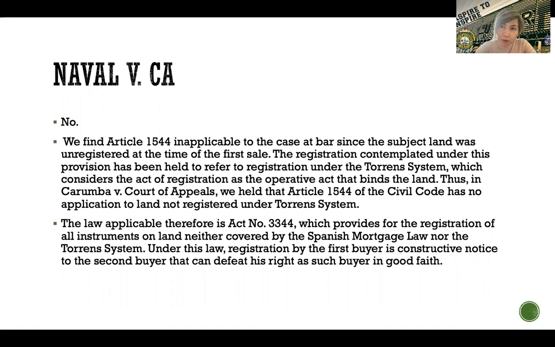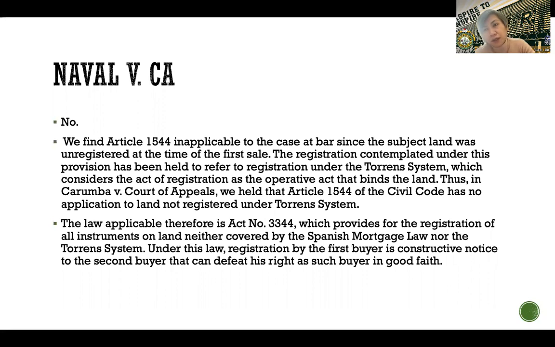So the applicable law therefore, guys, is Act 3344, which provides for the registration of all instruments on land neither covered by the Spanish Mortgage Law nor the Torrens system. And under this law, the registration by the first buyer is constructive notice to the second buyer that can defeat his right as such buyer in good faith.